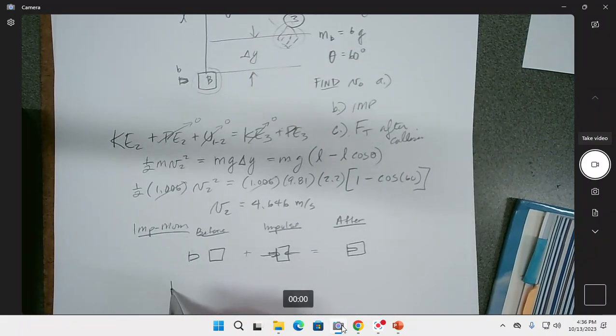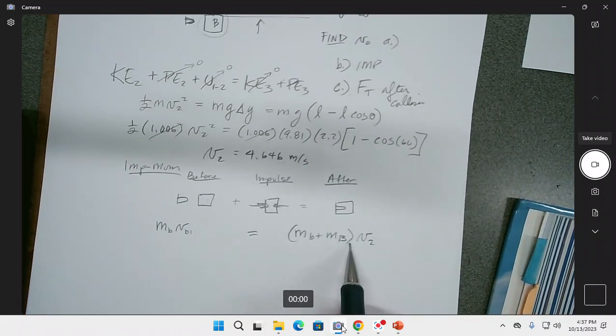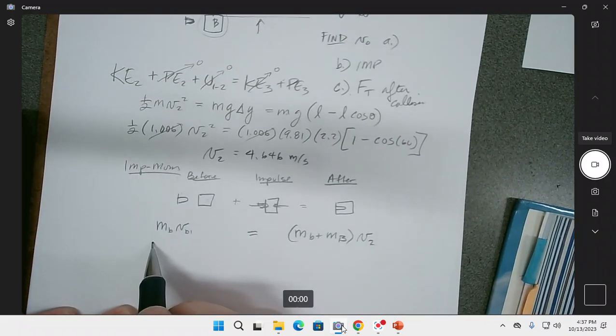So you're going to go MB VB1. This guy is stationary. These cancel each other out, and they're going to go MB plus M big B times V, this would be V2, the thing we just found right here. So you're going to get the 9 grams.